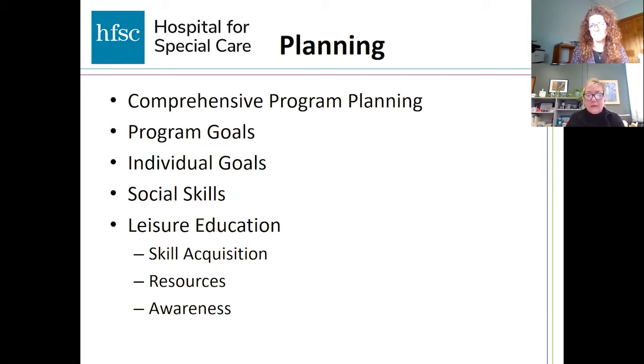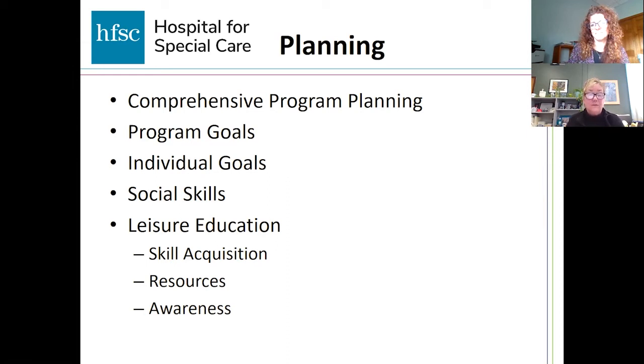Overall, programmatically, what are the goals that we're looking at, but then also individually that we are working with our campers. You heard MaryJo say that we take a survey, we ask them, what is it you want to accomplish this week? If we know that John Smith really wants to be able to hit the tennis ball over the net, then by gosh, I'll relay that information to the head tennis coach, the assistant tennis coach, and the volunteer working directly with him to say, okay, let's set up a plan.